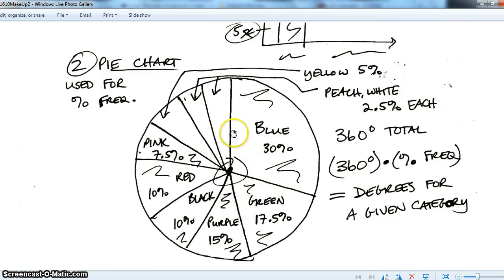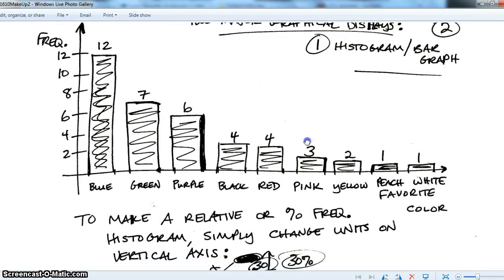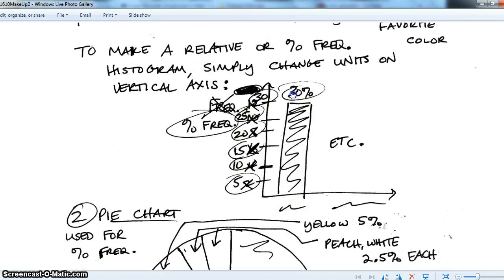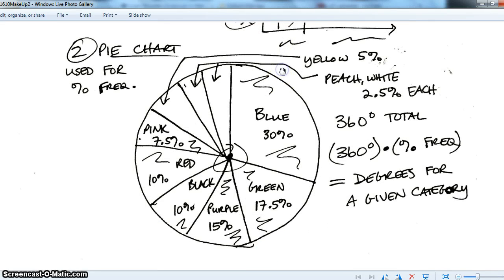I kind of hand sketched this. I didn't really do it very accurately. Excel will do both of these types of graphs very well. You just tell it what to do, and you highlight the cells that have the data, and it'll do it for you. But it's a good idea to know, if you had to do these on your own, if you could do them, so you understand what's going on.